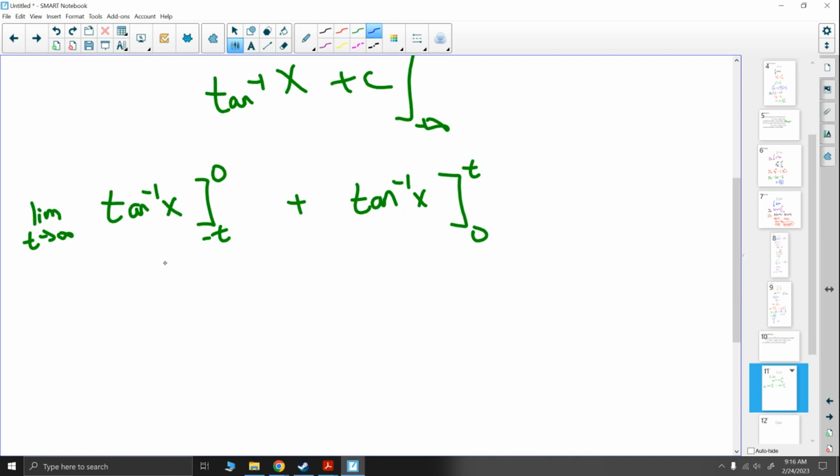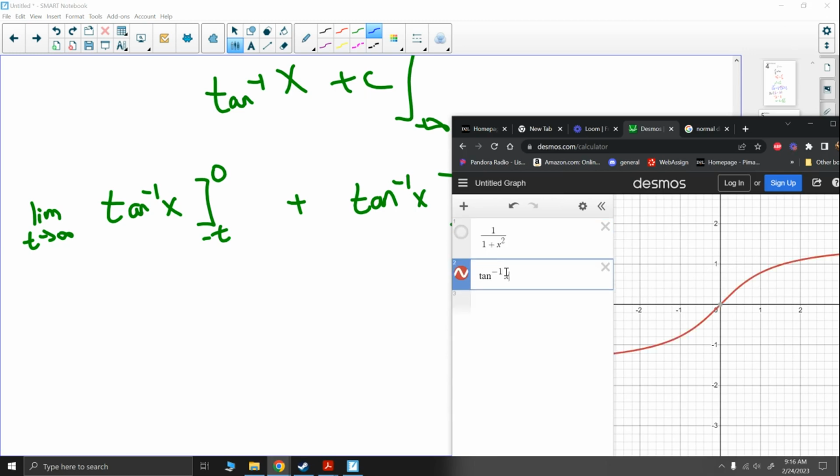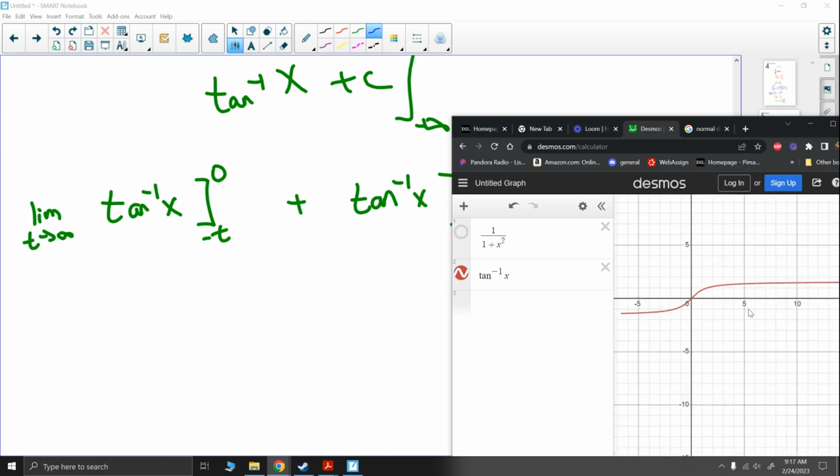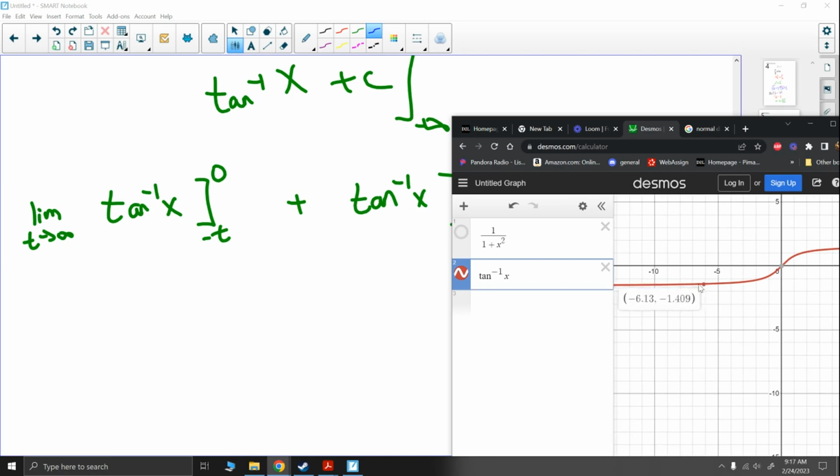Anyway, if we take a look at this thing, let's first look at what tangent inverse is. Tangent inverse of x, okay? If we look at this thing here, what is the horizontal asymptote of this thing?